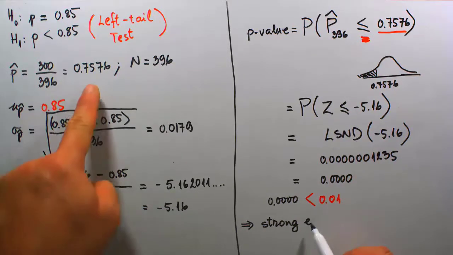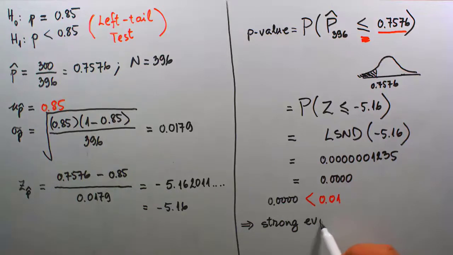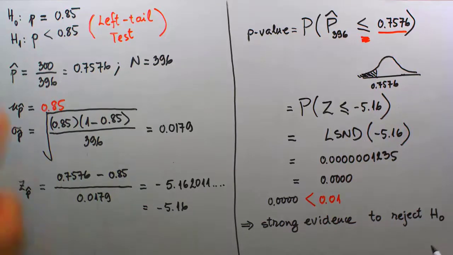This sample proportion value is strong evidence, for what purpose? We're using that as strong evidence to reject the null hypothesis H sub 0, or alternatively we can say we have strong evidence to support H1.